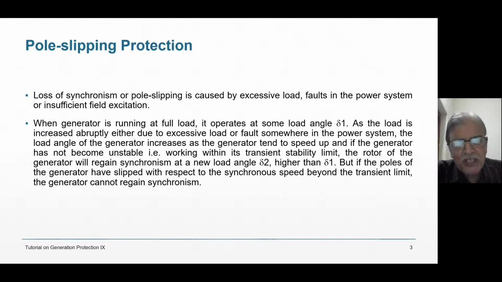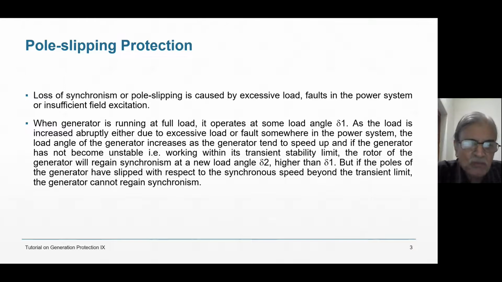But once it has lost its transient stability limit, then even if the fault is cleared, it cannot regain synchronism. It will come to a halt only. And if it comes to a halt, that means the speed is reducing badly and slip is generated. And that slip will harm the rotor.